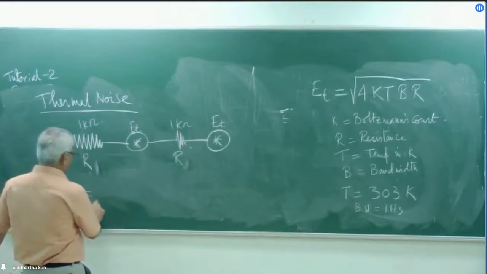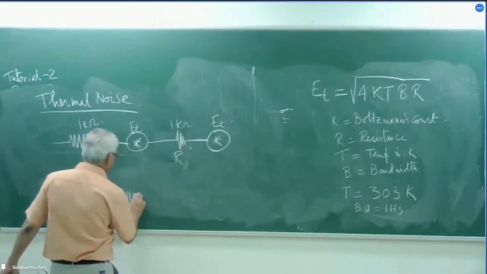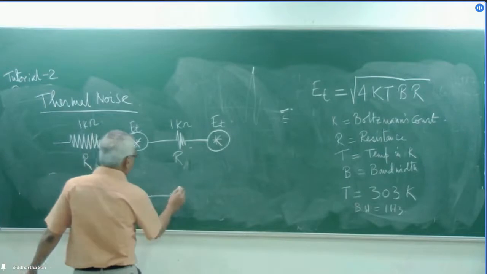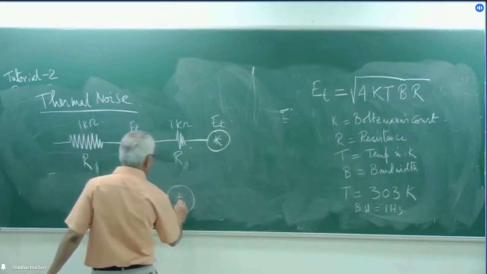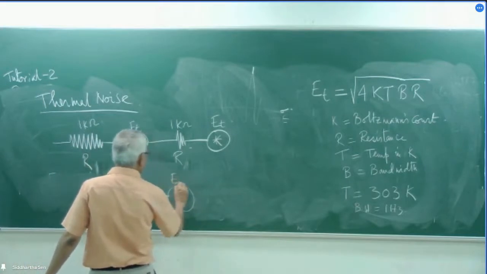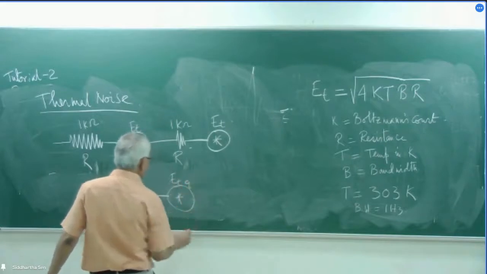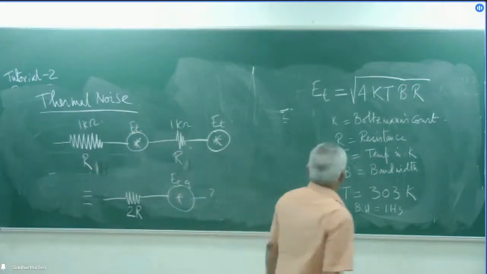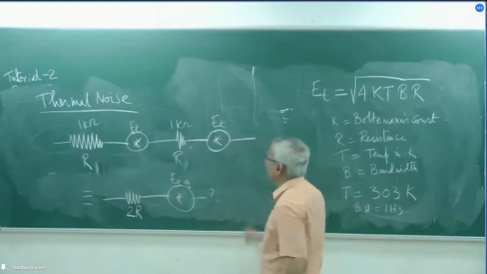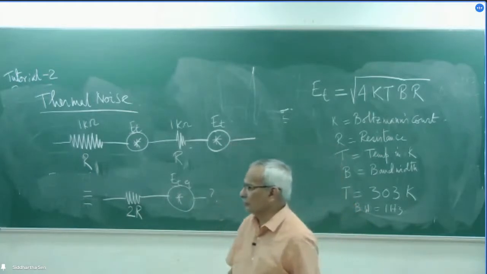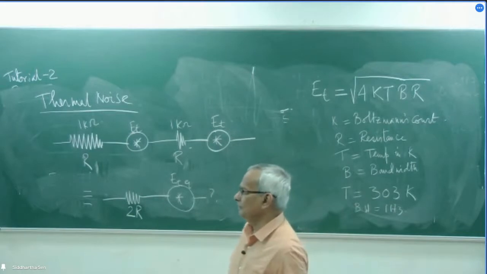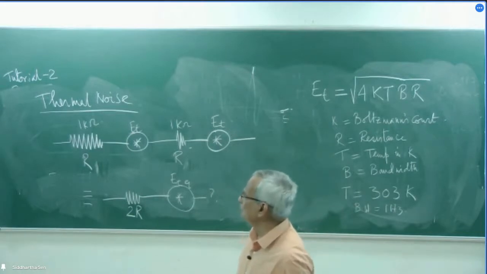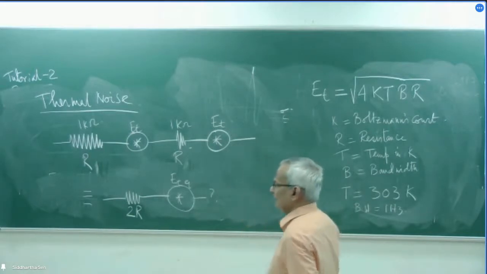We can say the equivalent resistance is 2R, but what would be the noise voltage ET equivalent? They are connected in series. Should they be added?